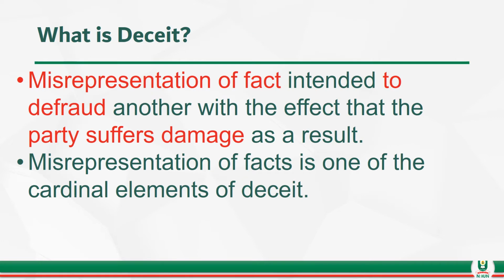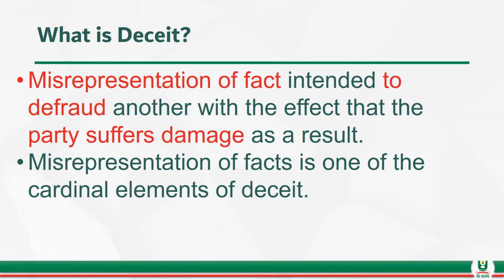So first thing, what is deceit? Deceit can be defined as a misrepresentation of fact intended to defraud another with the effect that the party suffers damage as a result. Please note the highlighted words. A misrepresentation of facts is the cardinal element of deceit.